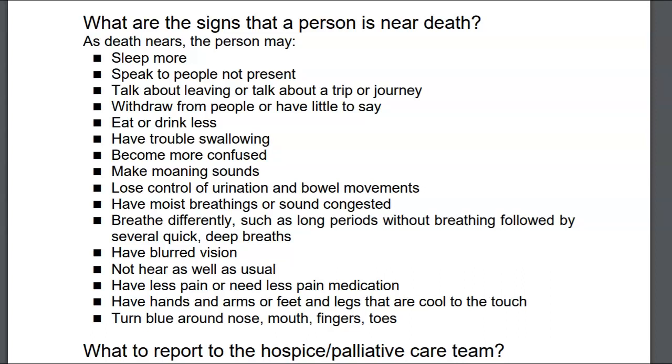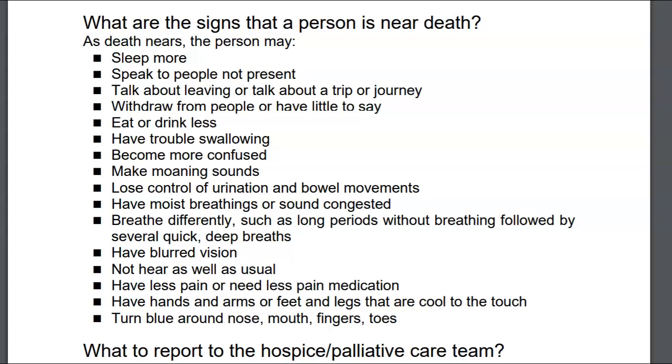Their respirations might be different. It might have some congestion sounding or have those long periods without breathing, followed by several quick breaths. Their vision may change, and they may not hear as well as usual. They may actually have less pain and require less pain medication, or they might not.